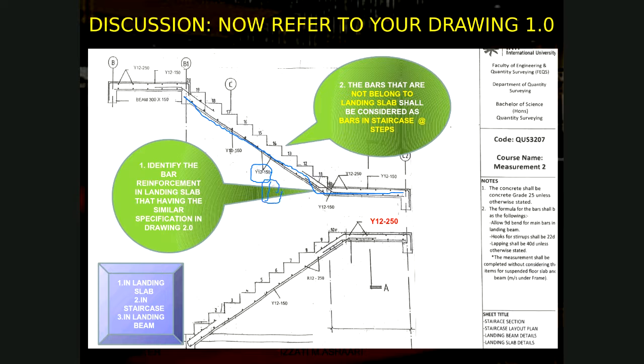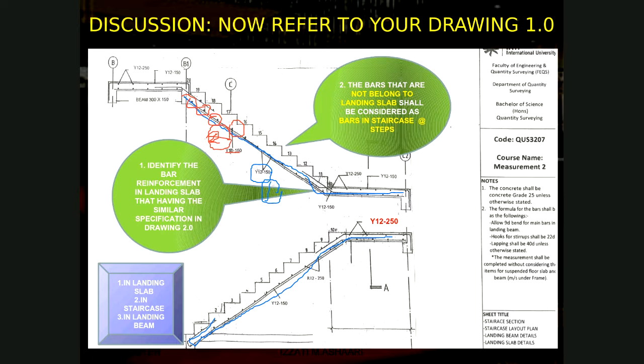Okay, another one, you can write down, maybe like this. This one, the red color, you can see the specification is different. This is using Y10-150. So definitely you cannot total up, even though both are inside the staircase. So this is item number 2. Let's compare this answer with the bottom flight. If we look at the bottom flight, this one, 1, 2, 3, 4.